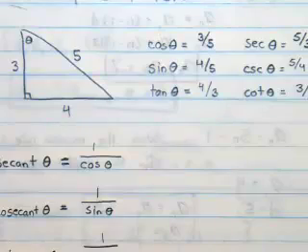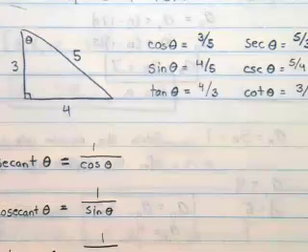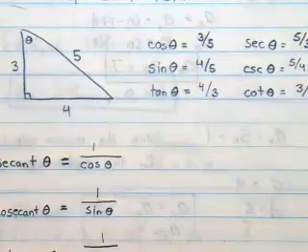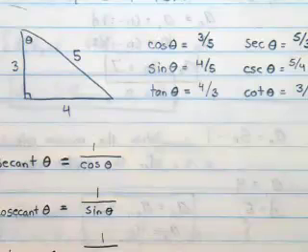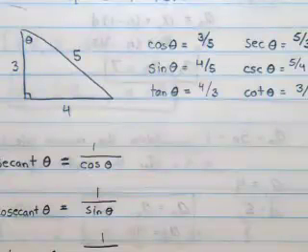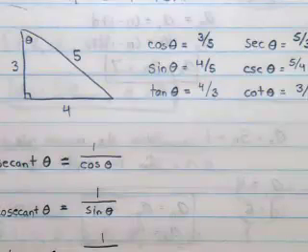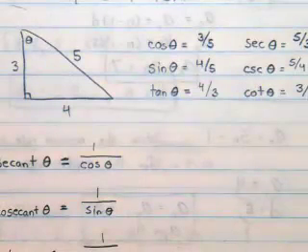So you have to make sure the angle's there, because if I had an angle, let's say down here, the cosine of the angle down here is very different from the cosine of the angle up here, right? It's not the same thing. So if you don't tell me what angle it is, I don't know what you're talking about. Sometimes we'll have triangles where you're looking at more than one angle, and we have to know which one it is. So then it would be cosine A and cosine B or whatever.